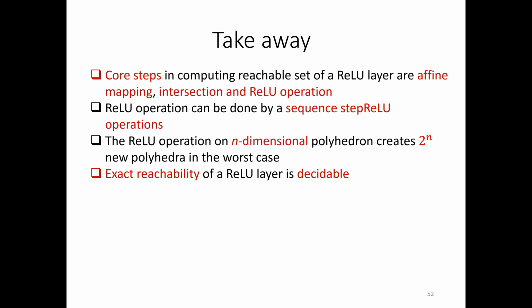What does decidable mean? That means you can write an algorithm to do it exactly. However, it's going to be an NP-hard problem because the number of polyhedra goes up exponentially. So that means you have no way to design an algorithm with polynomial time to exactly compute the reachable set for a feedforward neural network with ReLU activation function.